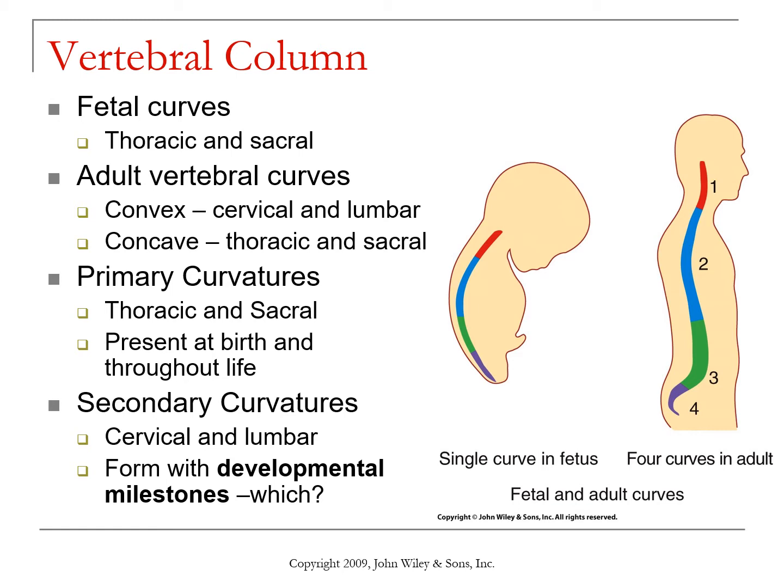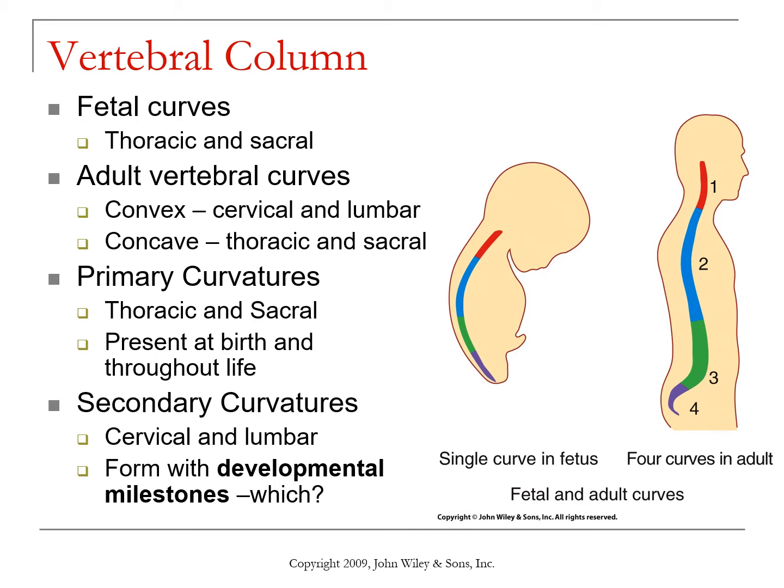As the child develops, they will develop the next 2 curvatures, which are the secondary curvatures. The child begins to lift their head at about 2-3 months and hold their head up. That will develop their cervical curvature, which is opposite to the thoracic curvature. And then a few weeks later, at about 4, 5, 6 months, the child is going to learn to sit and stand up.